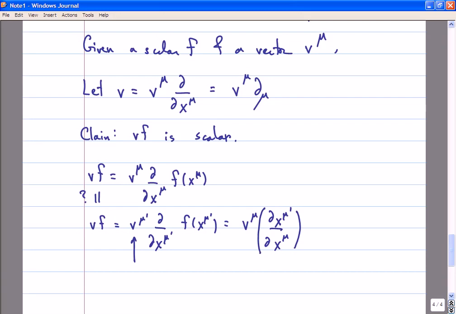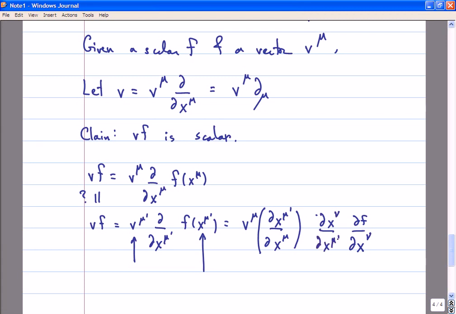Then I can regard x mu as a function of the x mu prime coordinates, and use the chain rule to compute this set of partial derivatives. And I get df by dx mu times dx mu by dx mu prime.